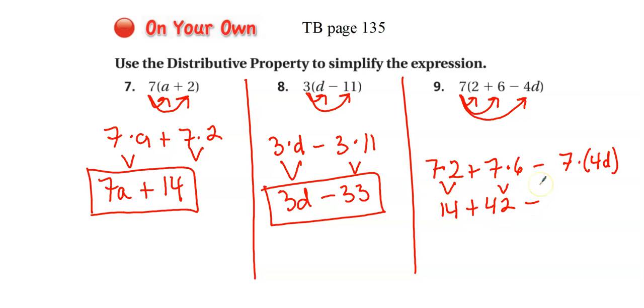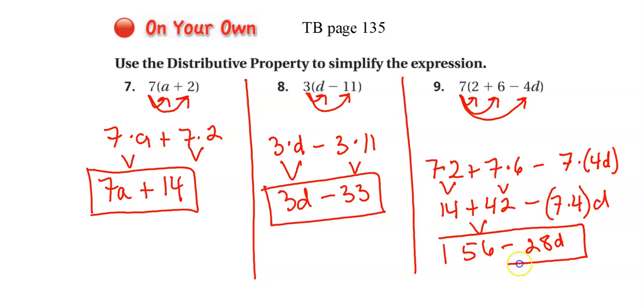Now this one I'm going to rewrite because I want the 7 times 4 in parentheses together. I'm using the associative property. I'm not moving anything, I'm regrouping. When I do the math with 14 plus 42, I get 56 minus 7 times 4 is 28 times d.